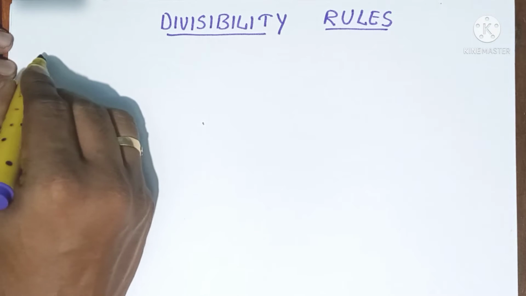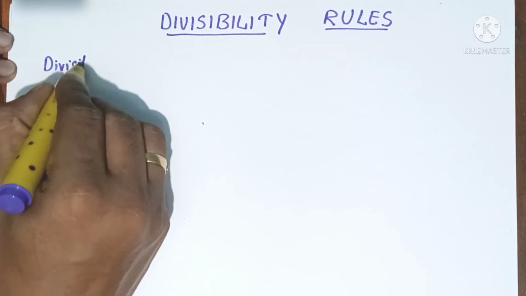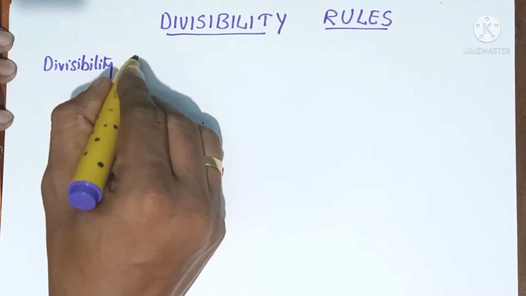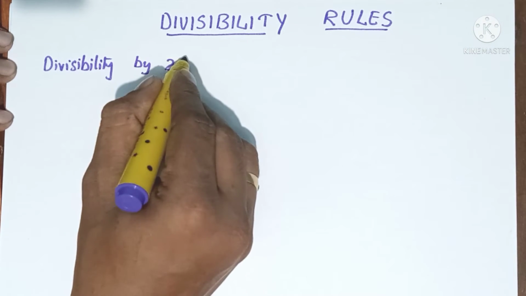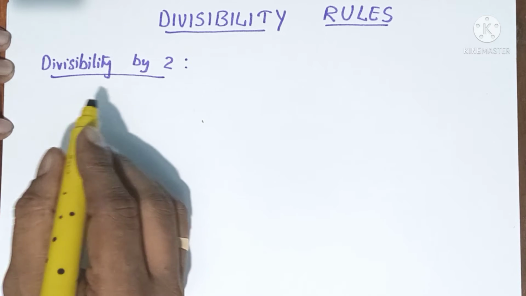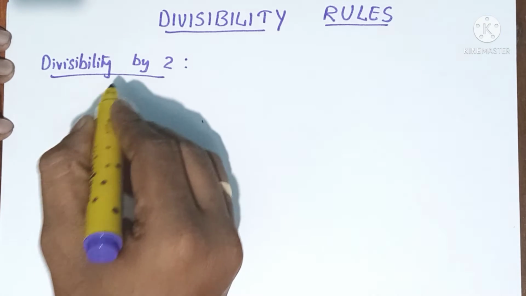So the first one is divisibility by 2. So what is the rule? Any number ending with an even number will be divisible by 2.